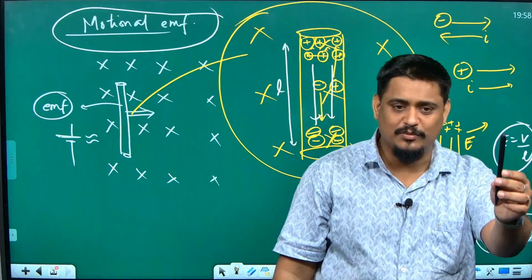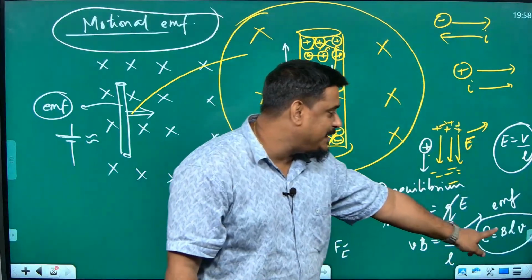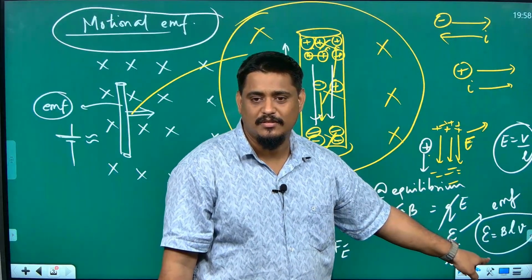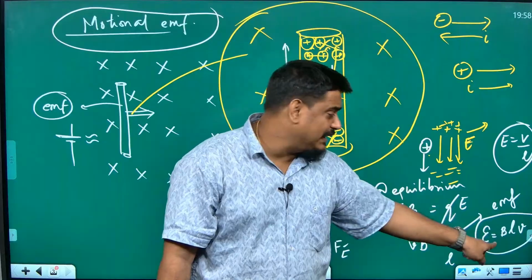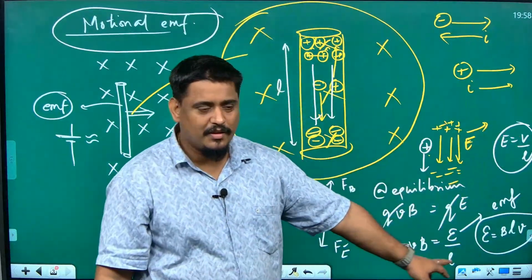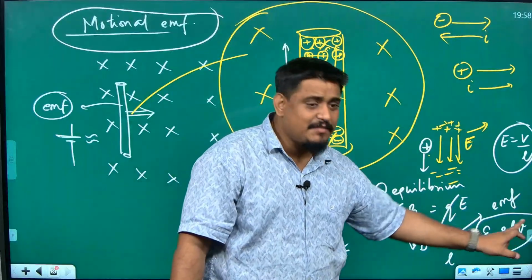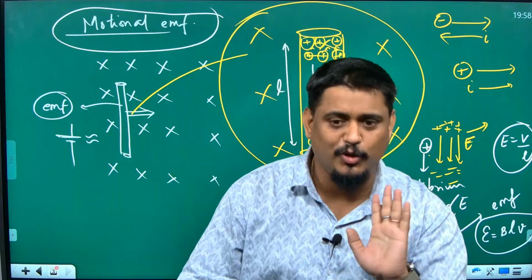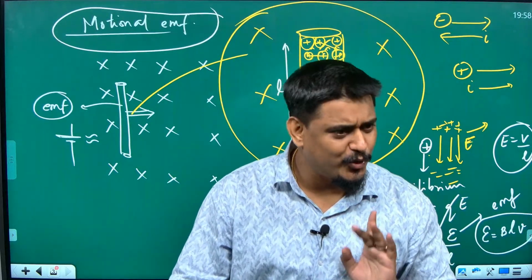Static, it will not glow. Because motional EMF is BLV. Velocity is 0, EMF is 0. Magnetic field is switched off, no EMF. Length cannot be 0. So only if velocity and magnetic field exist will the motional EMF come into the picture. I hope you are getting my point.